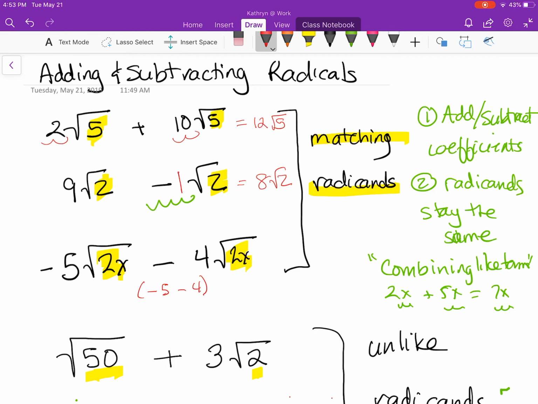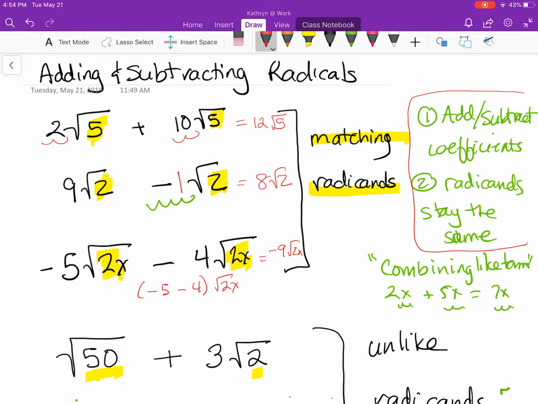I'm combining the coefficients, and I'm going to leave the radicand the same. I'm not going to touch that. And I'll end up with negative 9 times the square root of 2x. All right, so really easy. You're just going to add or subtract the coefficients, and you're going to leave the radicands alone. They'll stay exactly as they are.